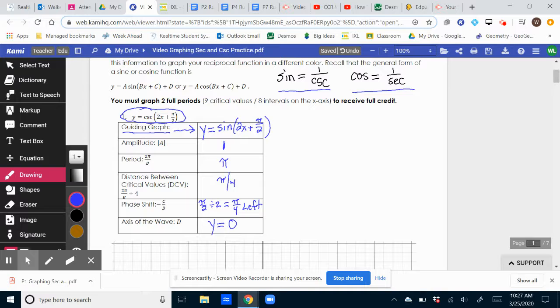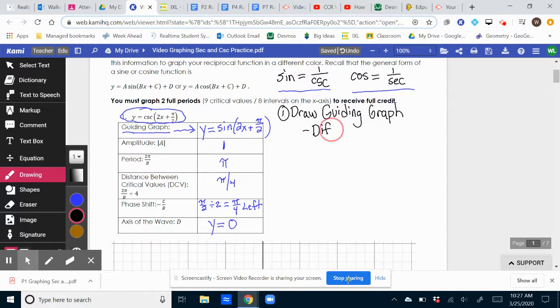All right, so now here are going to be your key steps to graphing these. Number 1, draw your guiding graph. Basically, actually graph this sine function here that we've written as our guiding graph.